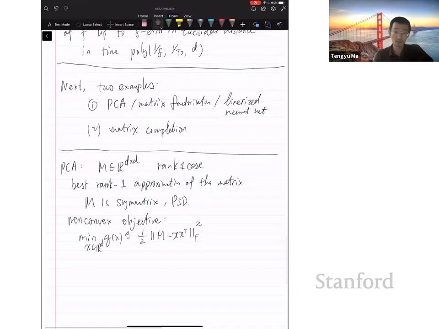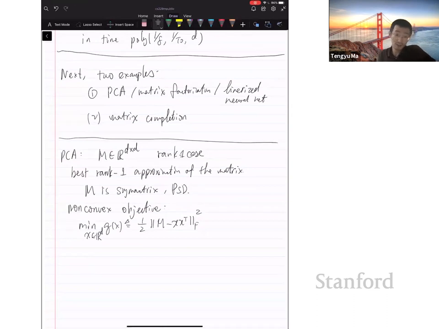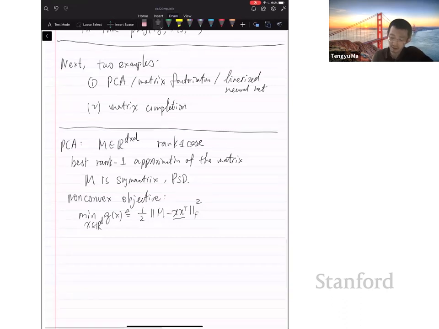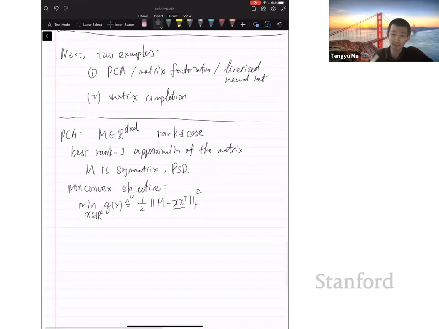Okay, and this becomes a non-convex objective function because you have a quadratic term here, and then you take the square of that, it becomes a degree 4 polynomial, and it's non-convex. Right.